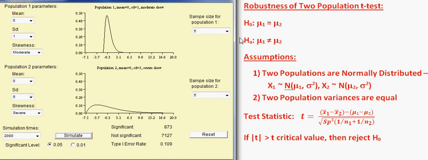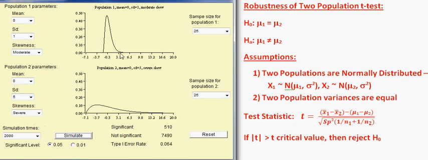Okay, so now let's say that I'm going to increase my sample size in both cases, and then let me simulate that. Now you see that my type 1 error rate is 0.06. Simulating one more time, the results are similar.